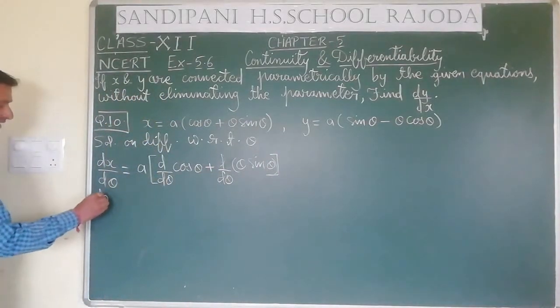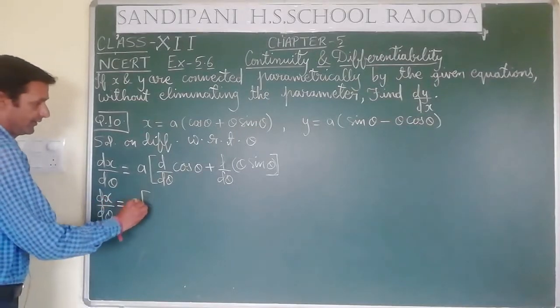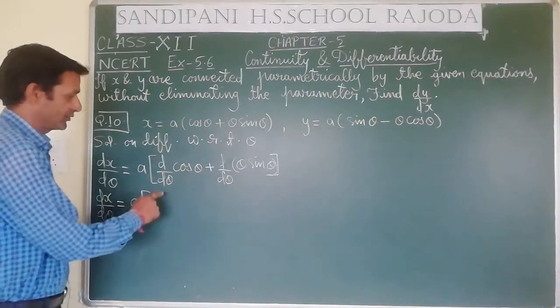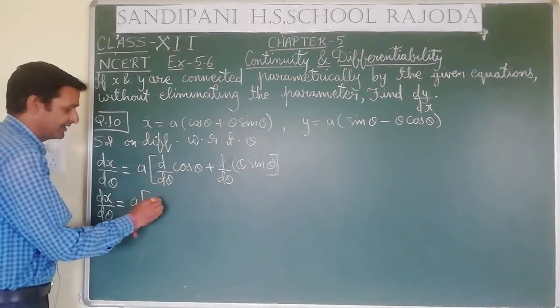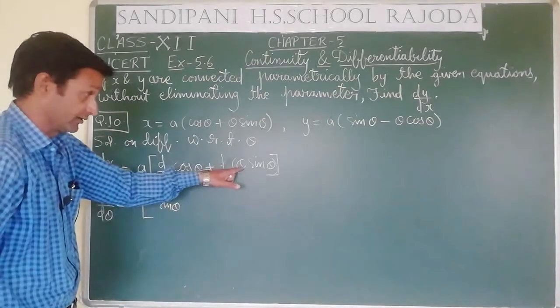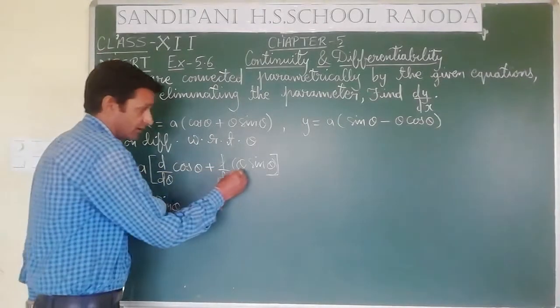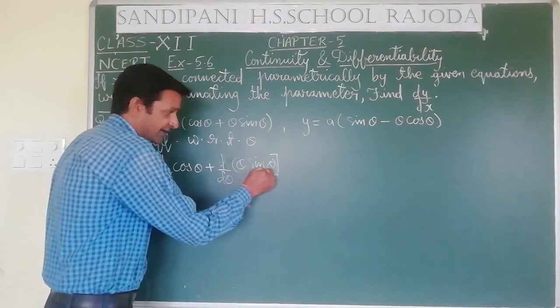Now dx by d theta is equal to a, and we have to differentiate cos theta with respect to theta. Differentiation of cos theta with respect to theta is minus sin theta, so we write here minus sin theta. But here there are two functions of theta. This is the first function and this one is the second function.